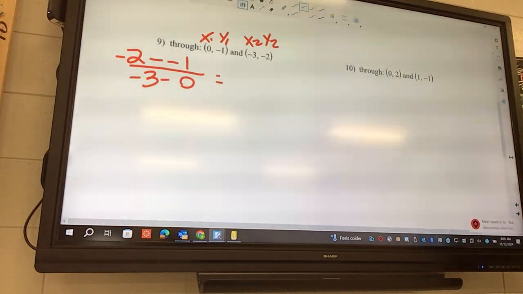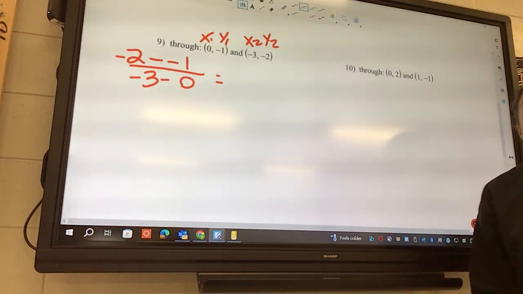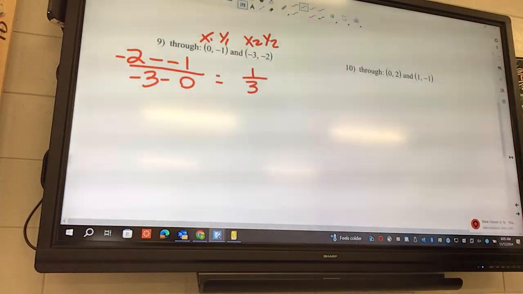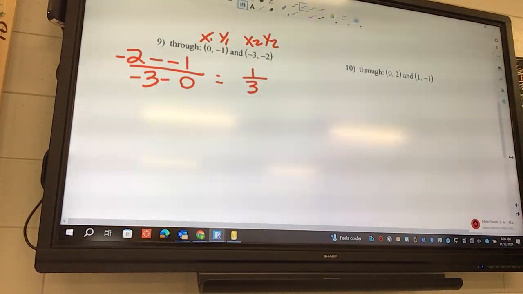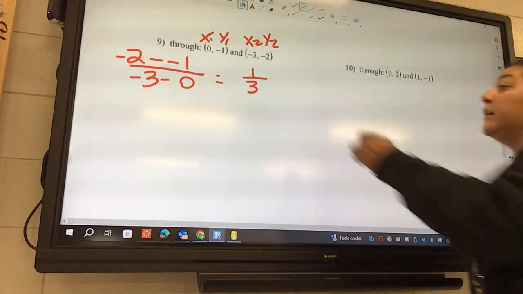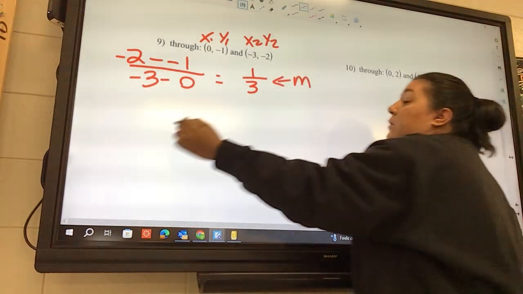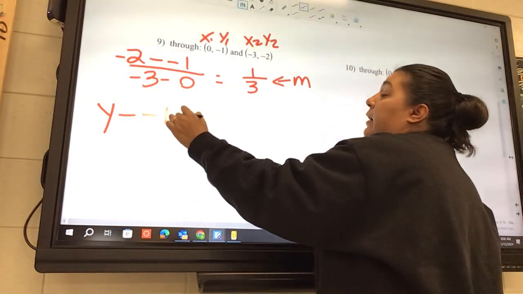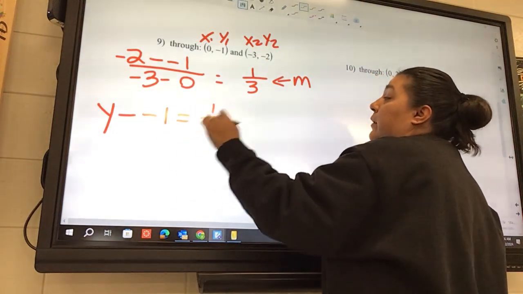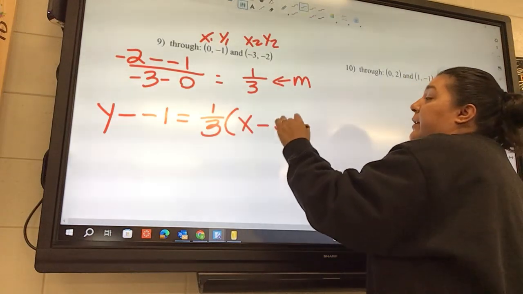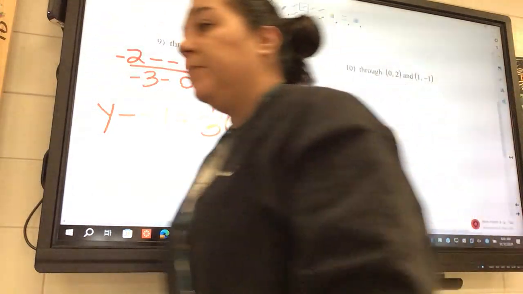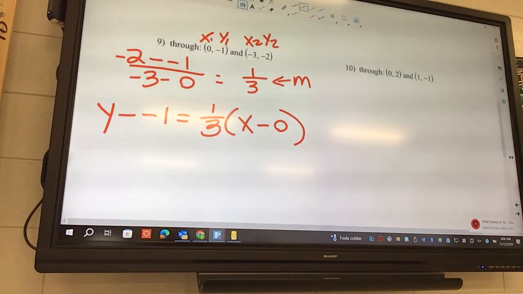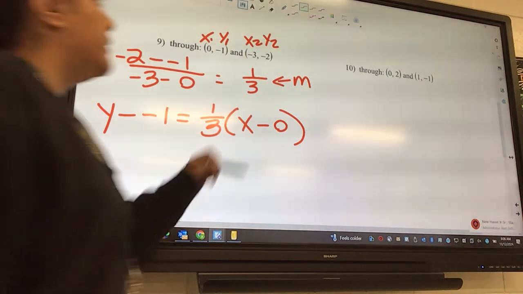Somebody agree with 1/3? Okay, and so that is my what? What did we just find? My m, or my slope. So I got y minus my y1, which is negative 1, equals my m, 1/3, x minus my x1, which is 0. And that minus minus I need to make into a positive.